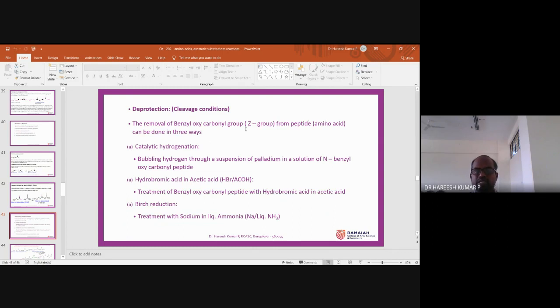Removal of the benzyl oxycarbonyl group from the peptide can be done in three ways. One is catalytic hydrogenation. Catalytic hydrogenation means passing hydrogen through a suspension of palladium. Palladium is a catalyst.